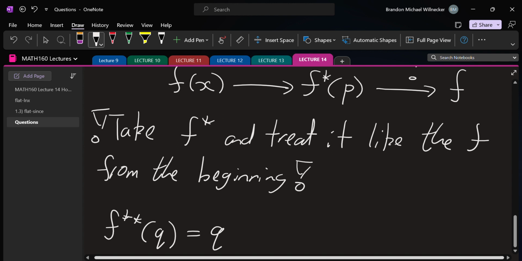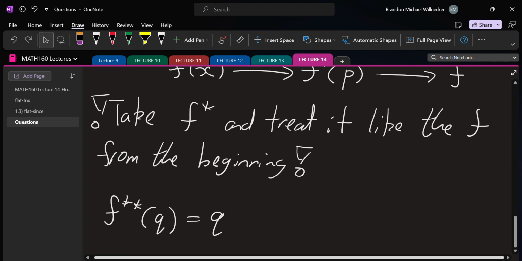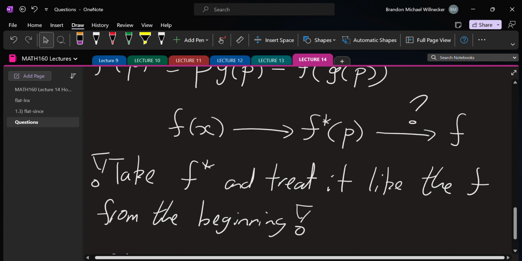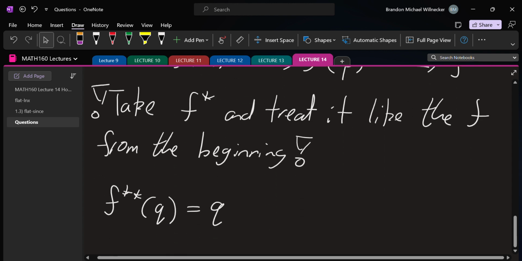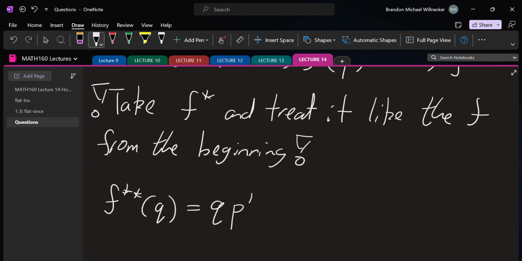It's a different function. So this is going to be q times x prime, but here we don't use x prime, let's use p prime, because we started with p, minus f star of p prime.